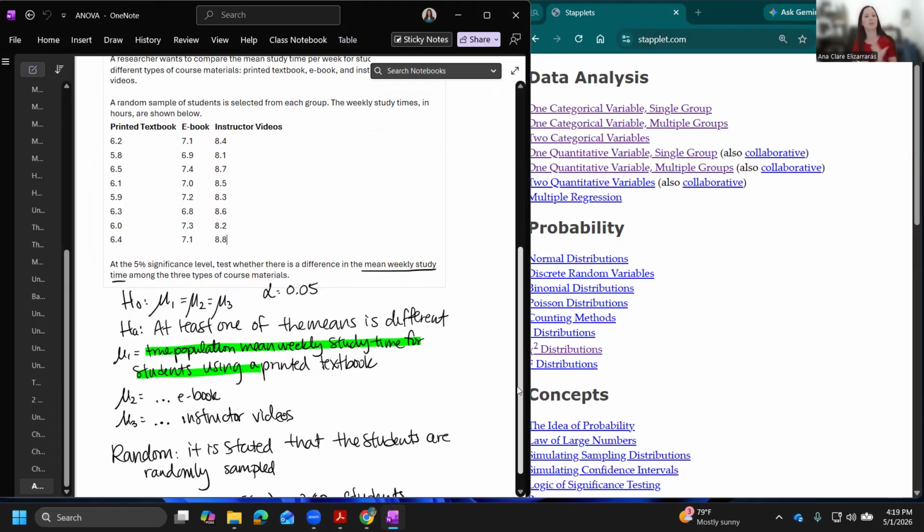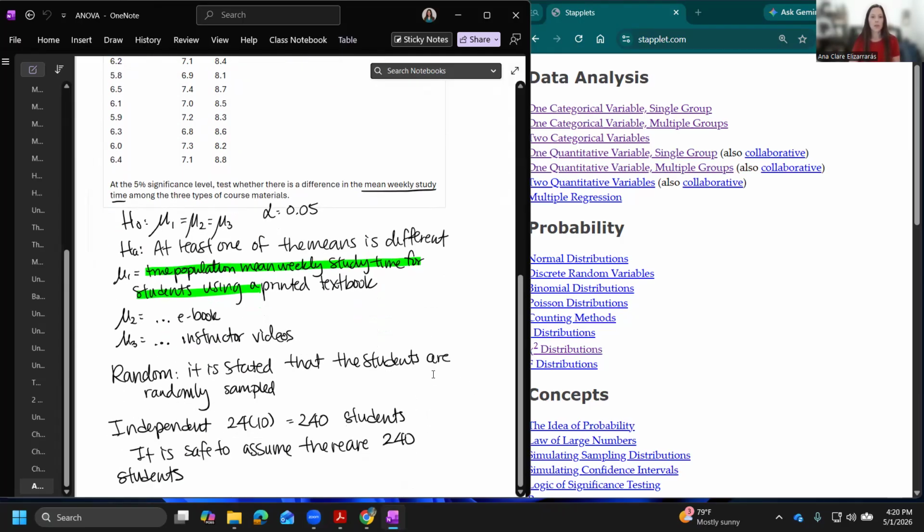So I think it's safe to assume that there's 240 students when we're talking about a teacher with their students. Okay. So I'll scroll down. That says students, I need 240 students, so it's safe to assume that there are 240 students.